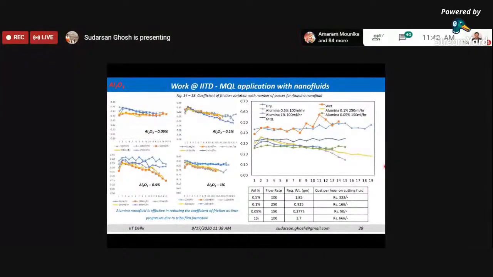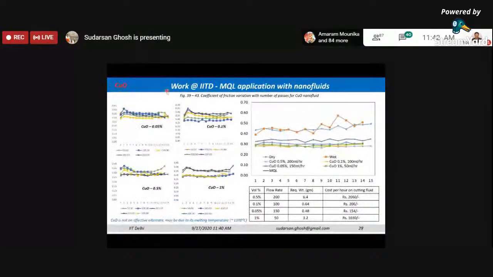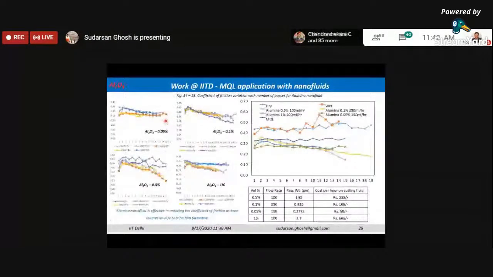Now we have also tried copper oxide. In copper oxide, the issue is that with increasing number of grinding passes, the friction coefficient is not reducing that drastically. Compared to this, it is reducing, from 0.35 to almost 0.25.